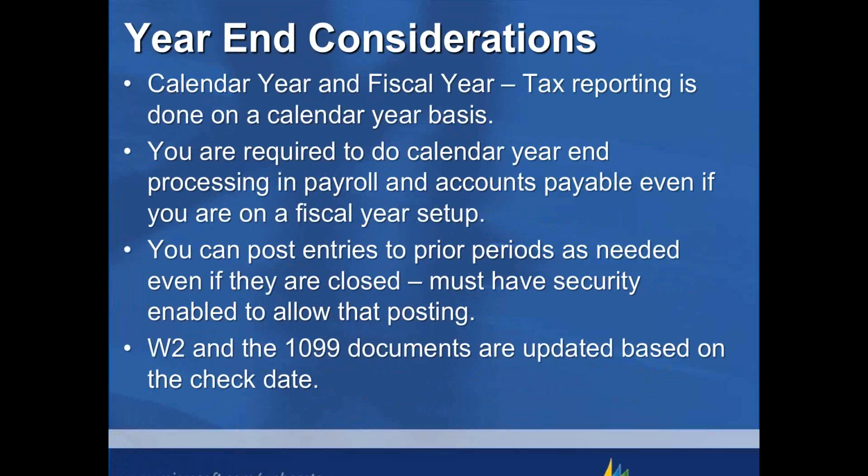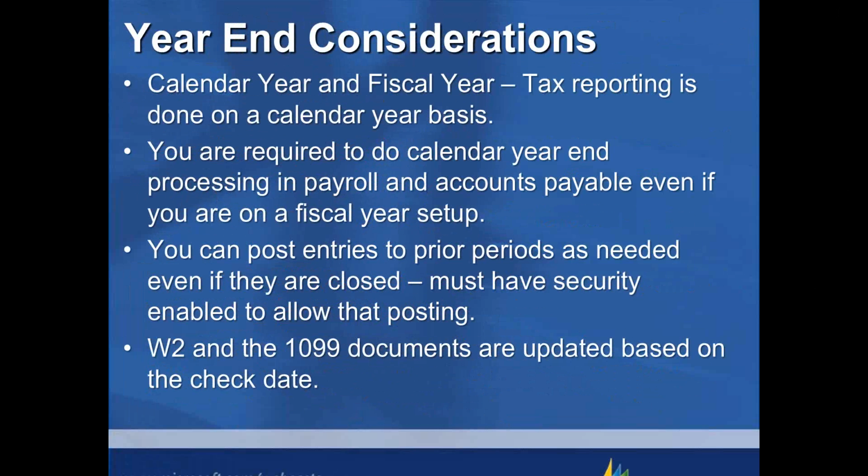Considerations for year-end. Calendar year and fiscal year. Of course, tax reporting, regardless of whether it's 1099s or W-2s, is done on a calendar year basis, regardless of your fiscal year. We'll go through what that looks like as we go along. You are required to do calendar year-end processing in both payroll and accounts payable, even if you're on a fiscal year.